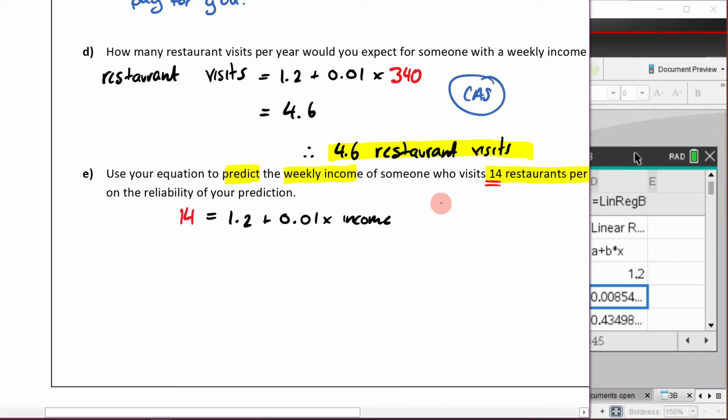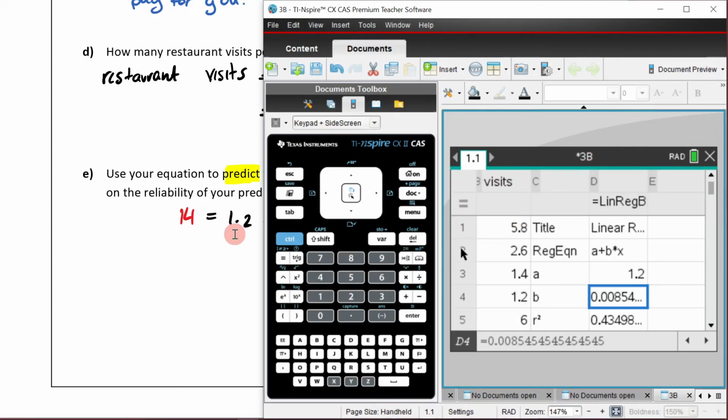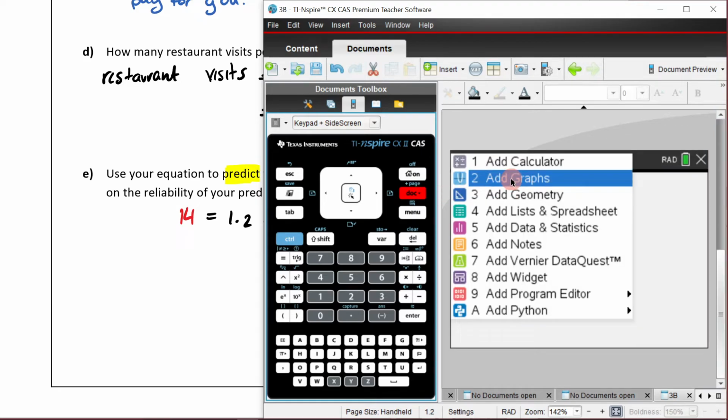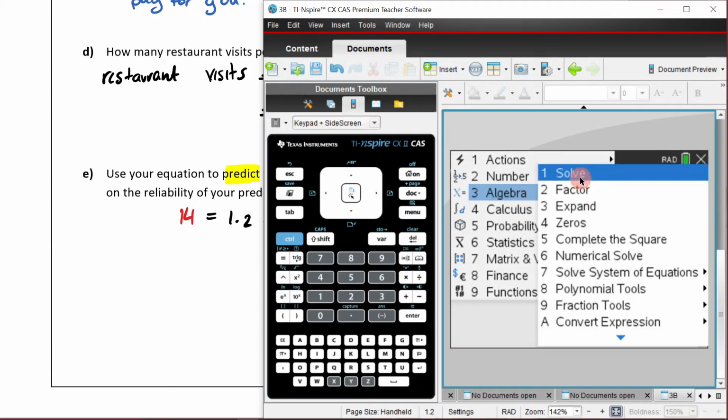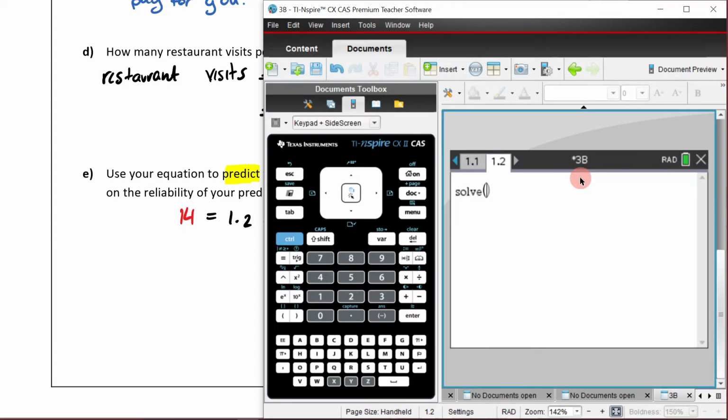So I'm going to go Control Doc, Add Calculator, Menu, Algebra, Solve, and then type in 14 is equal to 1.2 plus 0.01 times X, then solve, comma X, because I'm solving for that. That all looks good. I go Enter.